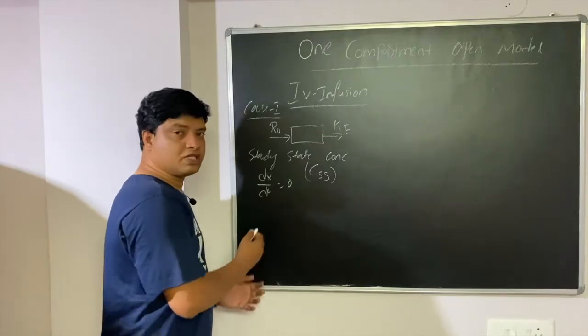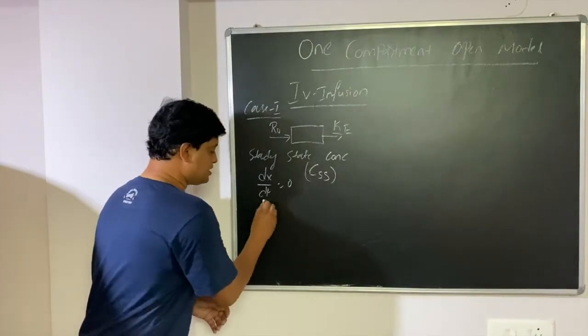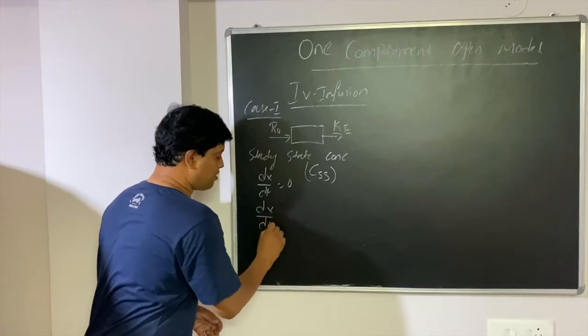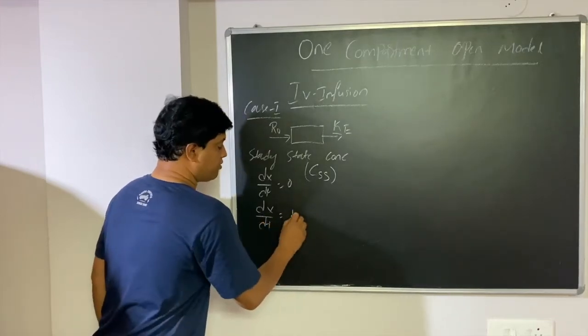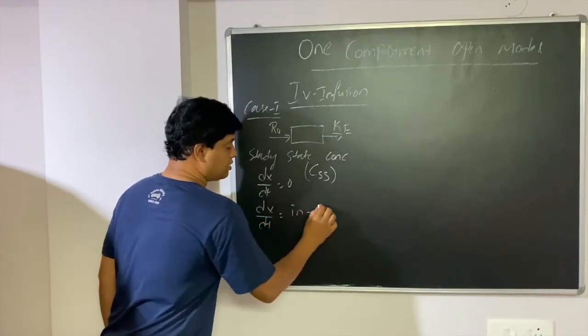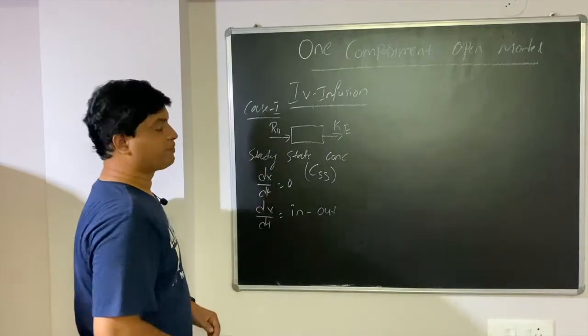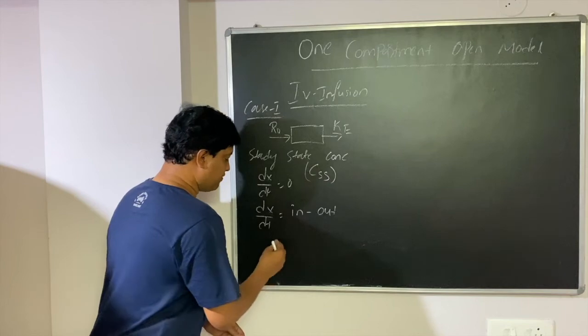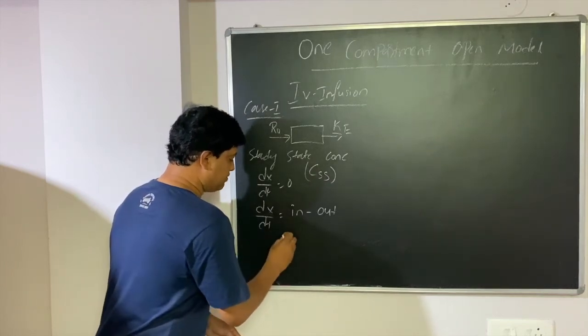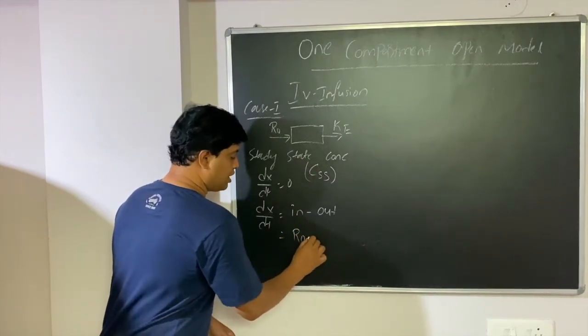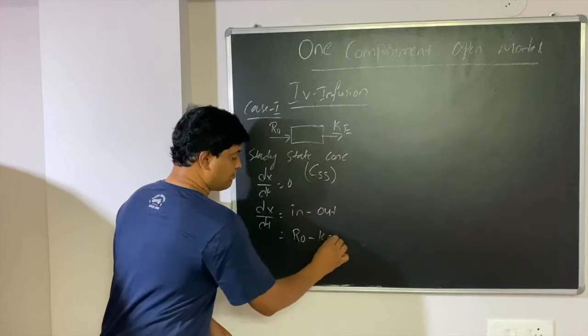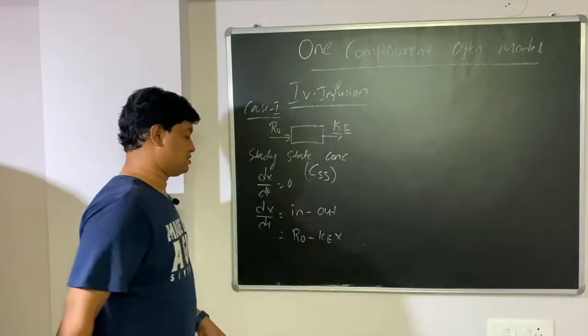Hence, if we substitute this in the equation, the rate of change of amount of drug is equal to rate in minus rate out. What is it in case of IV infusion? In case of IV infusion, in is your R naught and out is first order elimination Kex.